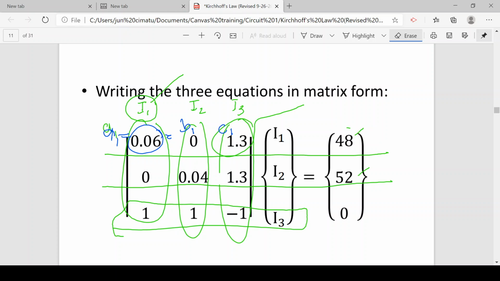Then, pressing equals, it will ask you about the value of D1.